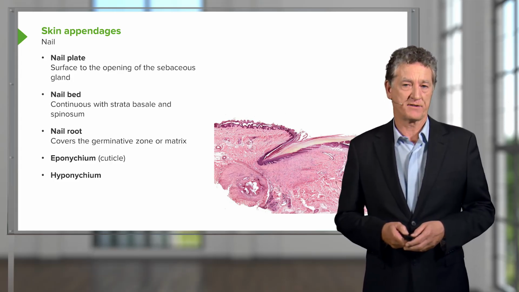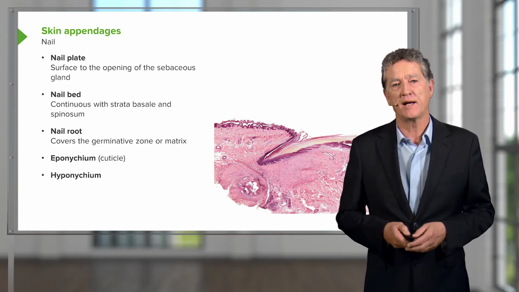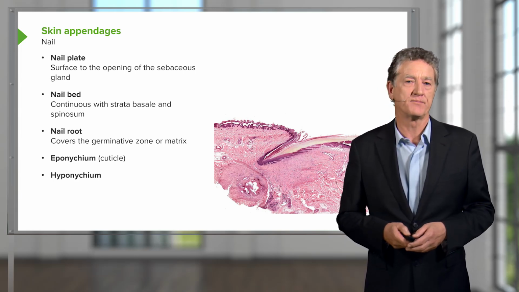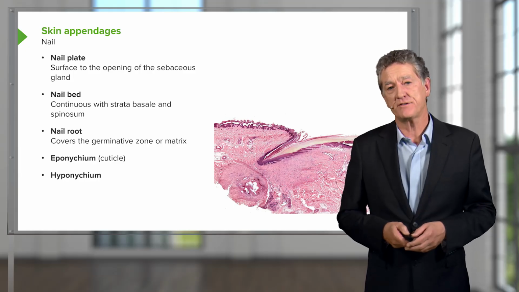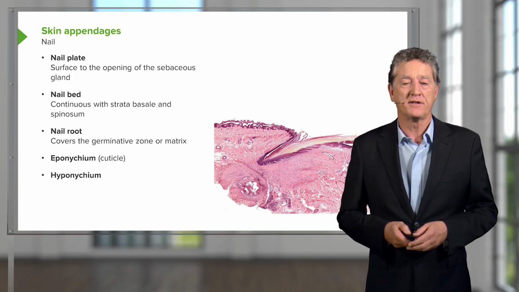There are 2 parts of the fingernail that are very, very important. That is the eponychium and the hyponychium. And those 2 components are areas that seal the underneath surface of the fingernail from the exterior.